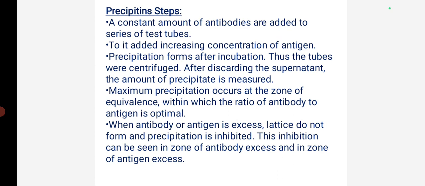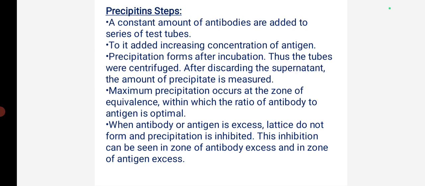Next, the precipitation steps. A constant amount of antibody is added to a series of test tubes. To it, increasing concentration of antigen is added. Precipitation forms after incubation. Then the tubes are centrifuged. After discarding the supernatant, the amount of precipitate is measured.